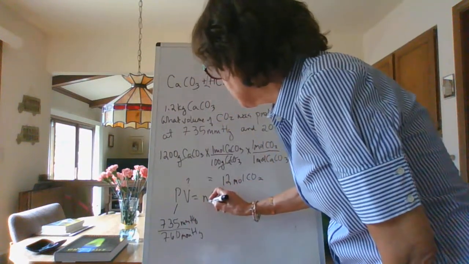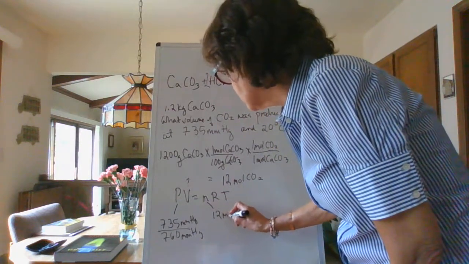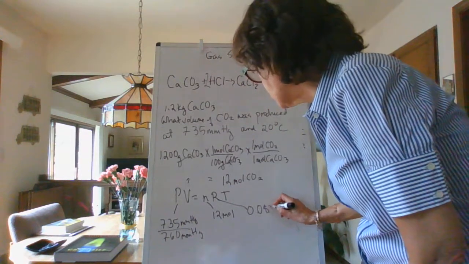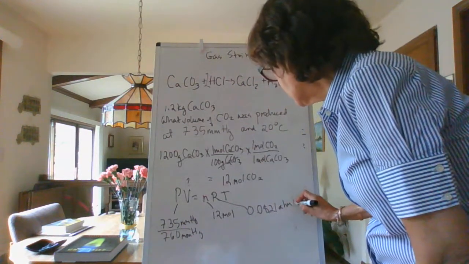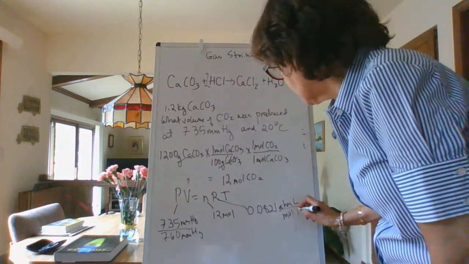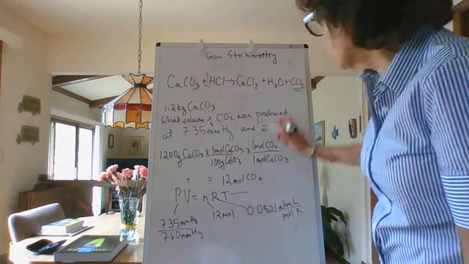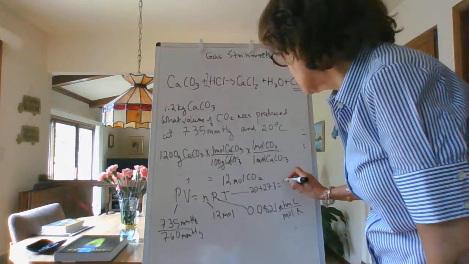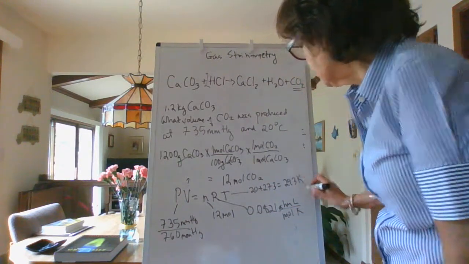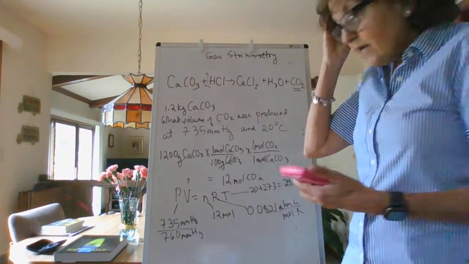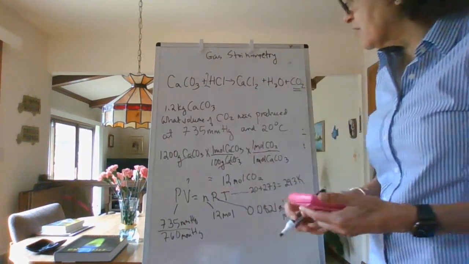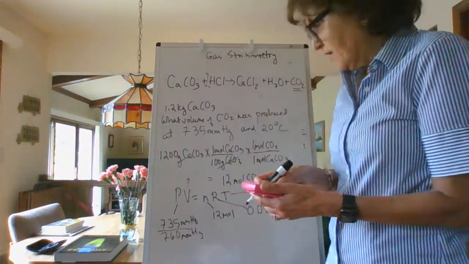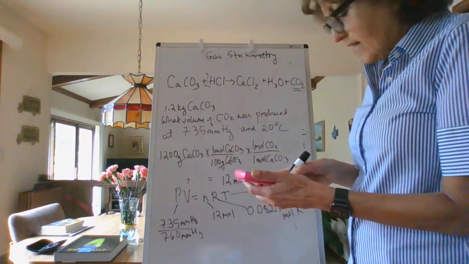That's my X. My n is 12 moles. My R is 0.0821 atmosphere liter over mole Kelvin. And my temperature is 20 plus 273, which is 293 Kelvin. Okay, so I can plug everything in, manipulate the equation, and solve for V. We want to find volume. All right, so I'm going to go ahead and do that.